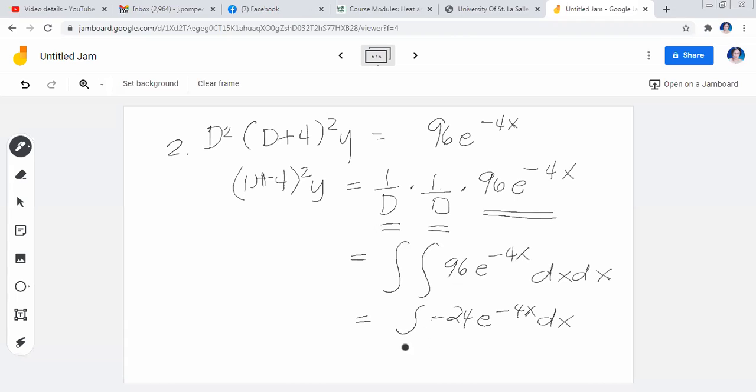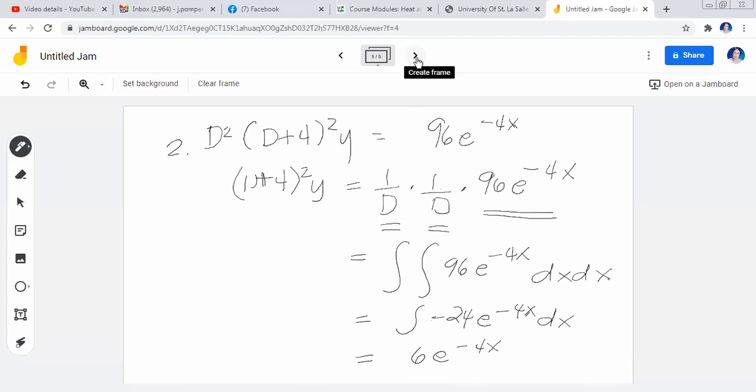But still, I need to perform another integration. So I will get another negative 4 here. So then the answer would be 6 e raised to negative 4x. Right? So that would be your 6 e raised to negative 4x after you have integrated 96 e raised to negative 4x twice. Now, but still you see that your left side still has the d plus 4 squared.